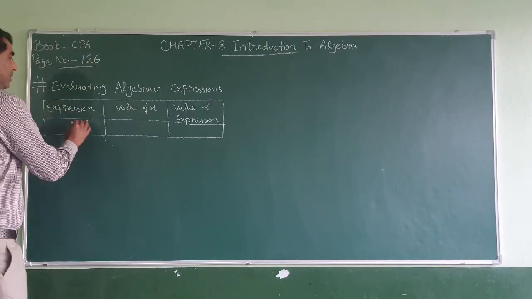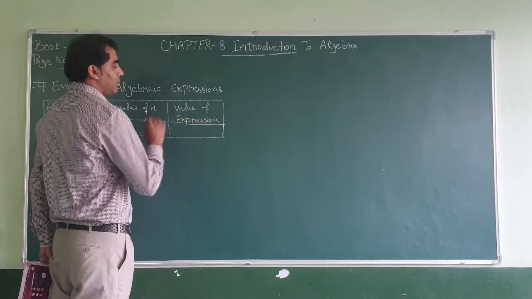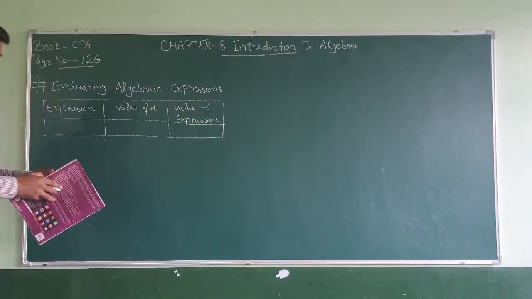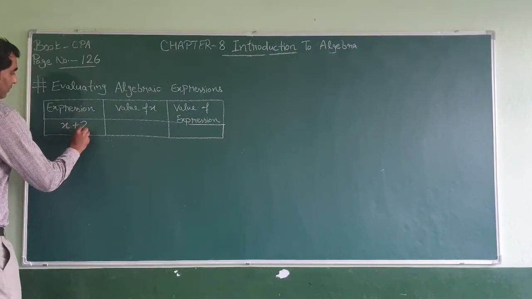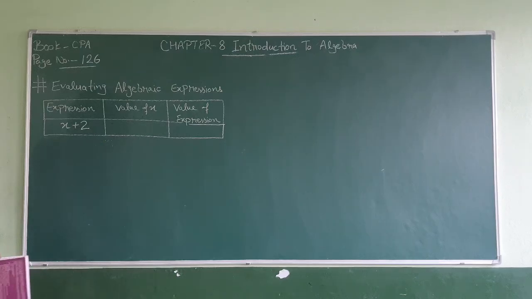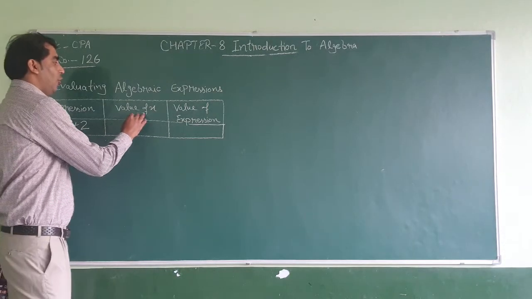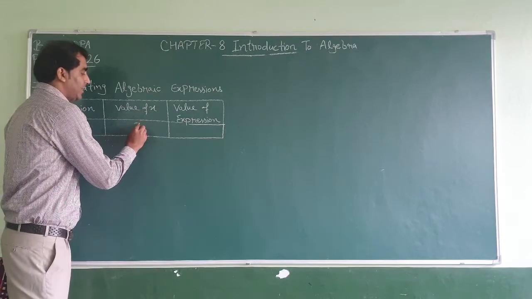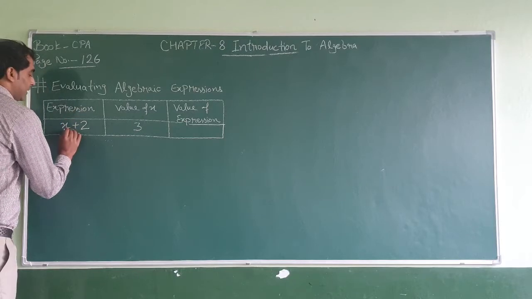Suppose this is the table of expression, value of x, value of expressions. Suppose we have the expression x plus 2. Just for example, we have x plus 2. Now the value of x, suppose we have the value of x as 3. So this expression is here.